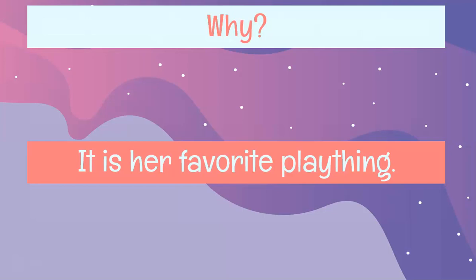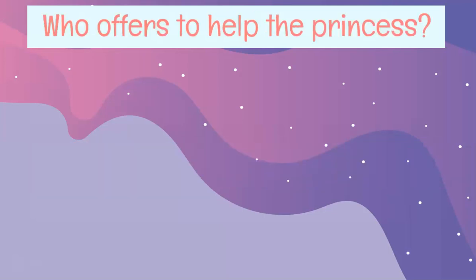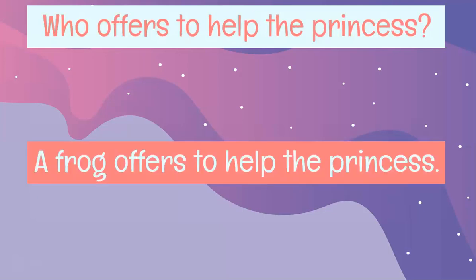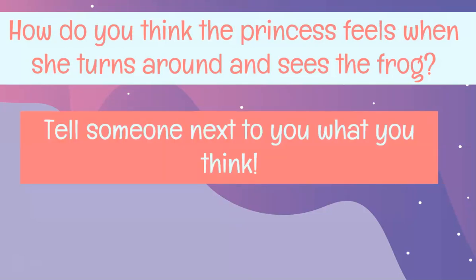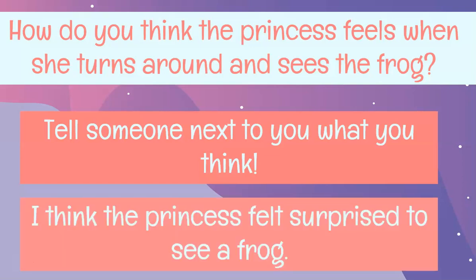It is her favorite plaything. A frog offers to help the princess. How does the princess feel when she turns around and sees the frog? Tell someone next to you what you think. I think the princess felt surprised to see a frog.